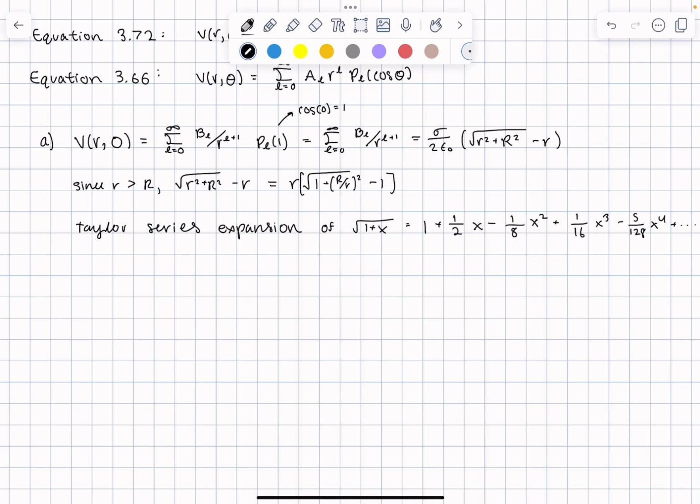So why don't we just say that x is big R over little r squared.